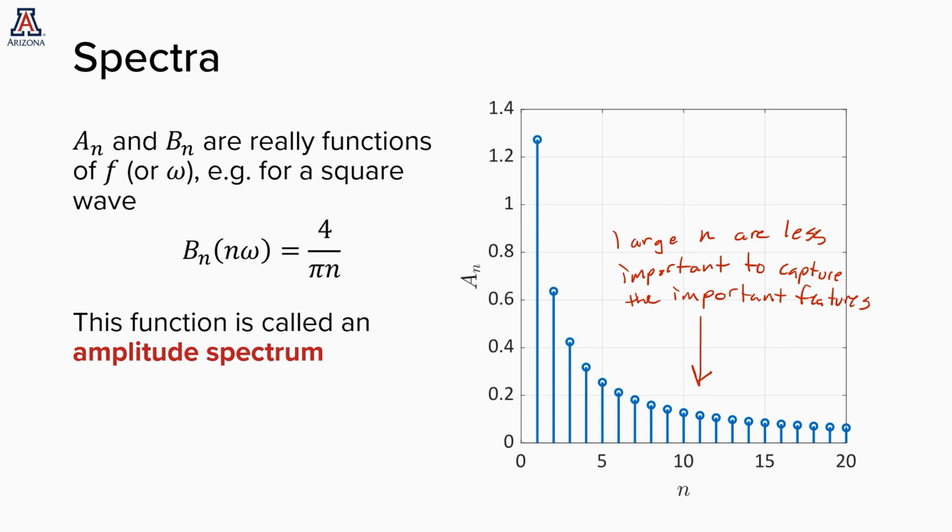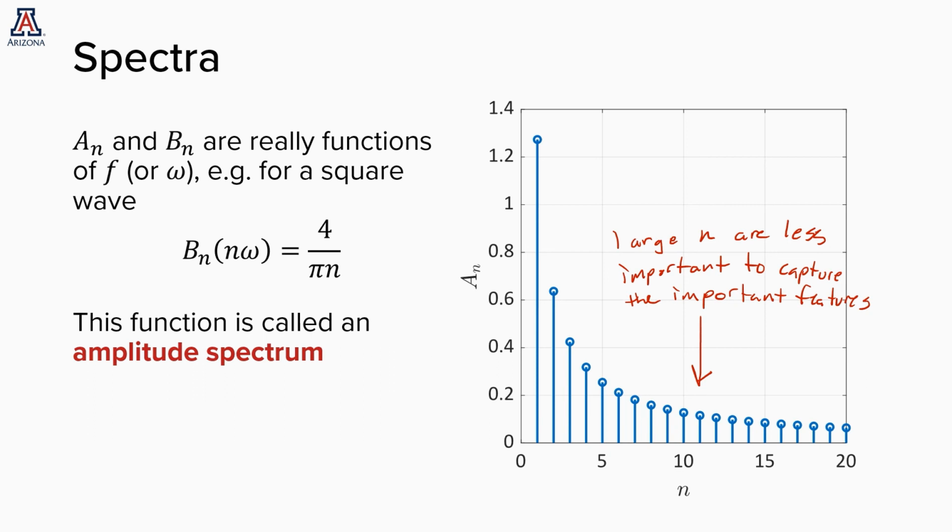You can probably get by with going out to n equals 5 and you end up with a pretty decent estimate here. Now with a modern computer, maybe that's not such an important consideration because you can pretty easily calculate hundreds of these modes and store them efficiently in just an array in MATLAB, for example.